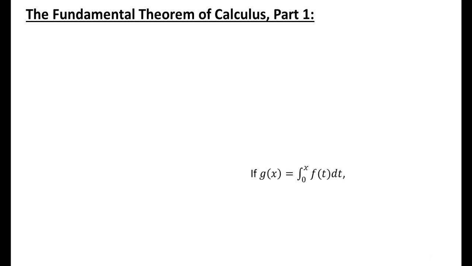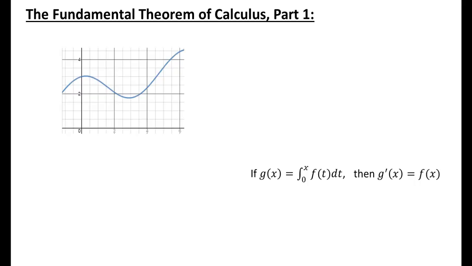So basically what the theorem says is that if we define g of x as the integral of f of t, or in this case, the area so far function, the area between 0 and x as we move x along, then g prime of x equals f of x, meaning that if we define g of x as the area under f of x, then f of x is the slope of g of x. So bizarre connection, but let's see if we can piece together why this might be the case.